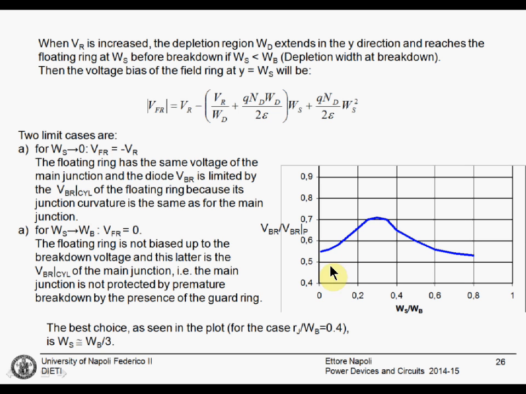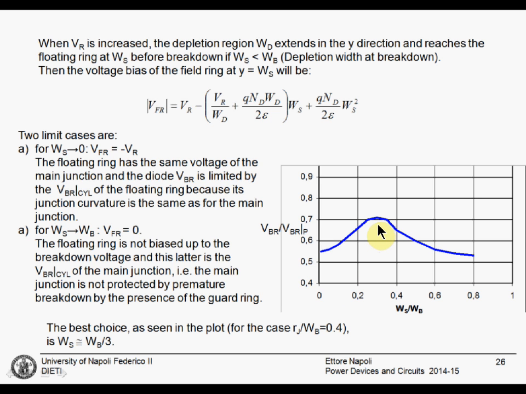And in this case, it is shown that the best choice is a distance of the floating ring that is 1/3 of the thickness of the depletion region at breakdown, W3.